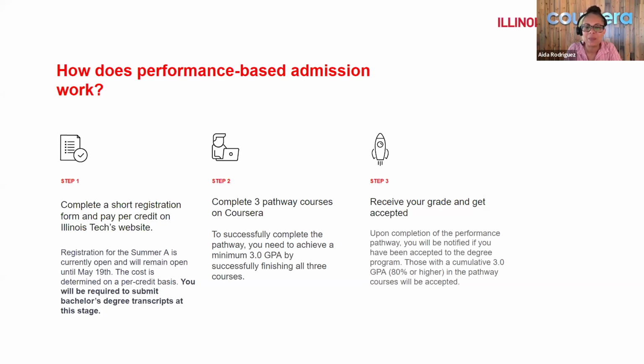But you will complete these pathway courses during the session itself. And again, Fall B is scheduled to begin October the 14th, and it's going to be an 8-week session. Once you have completed these three pathway courses with the 3.0, then you will be accepted in the program and continue registering for additional courses in the degree.